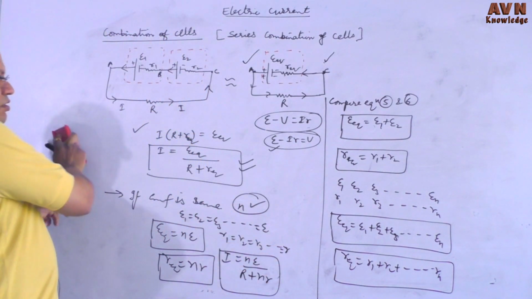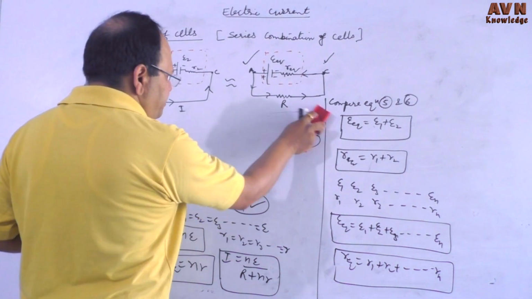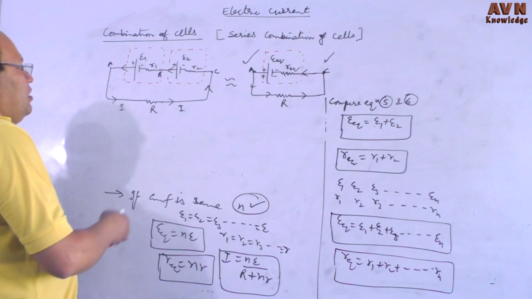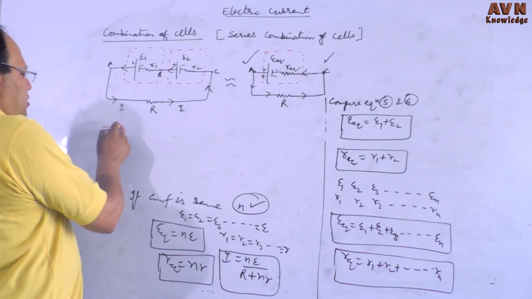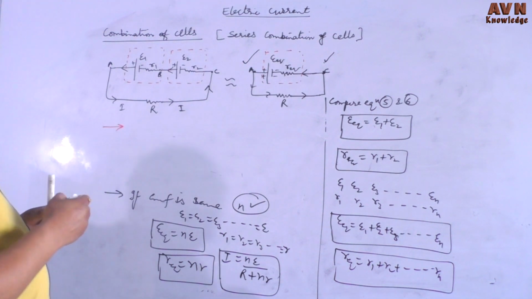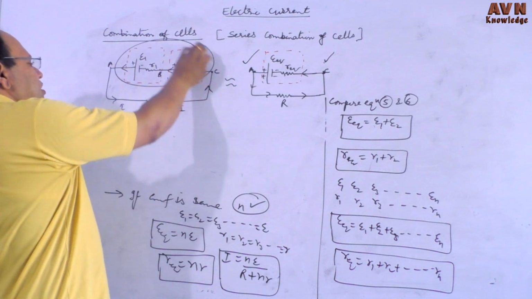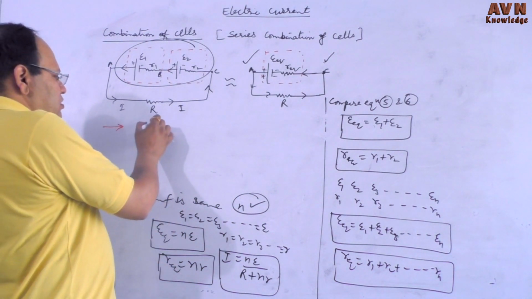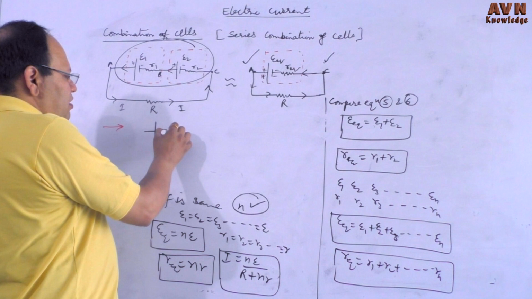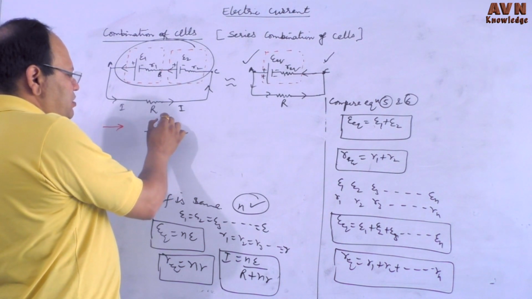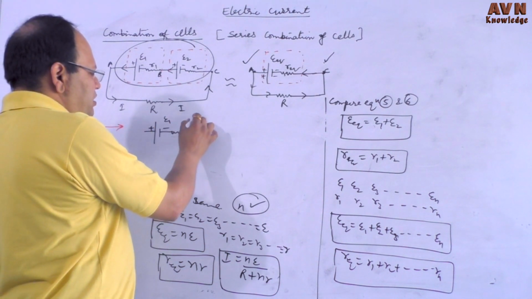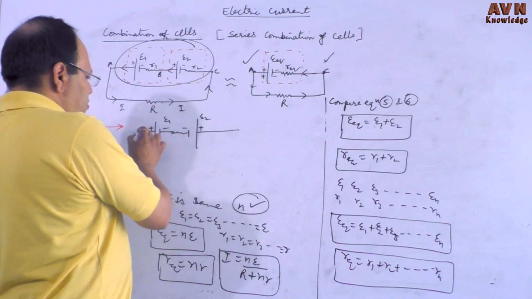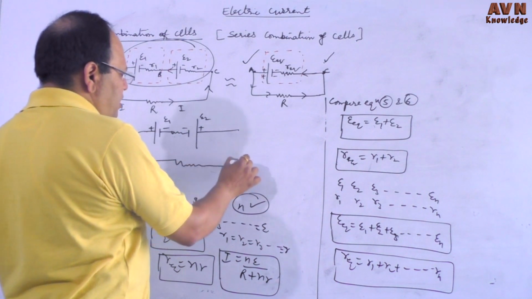The third condition is when cells are interchanged. In this condition, in the circuit diagram, what will be the E equivalent? Suppose this cell is E1 with plus minus, and another cell is E2 with minus plus, and the circuit diagram is like this.